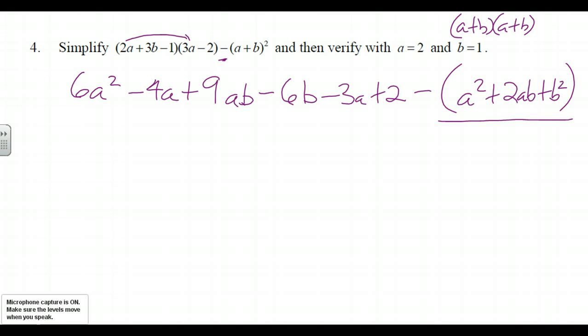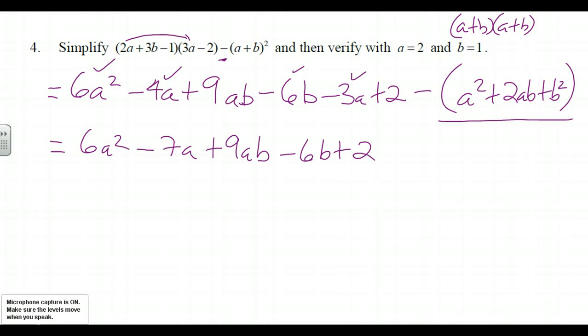Okay, so now we'll go through. We can collect a few of these terms. So let's say we've got 6a squared, minus 7a, plus 9ab, minus 6b, plus 2, minus a squared, minus 2ab, minus b squared.